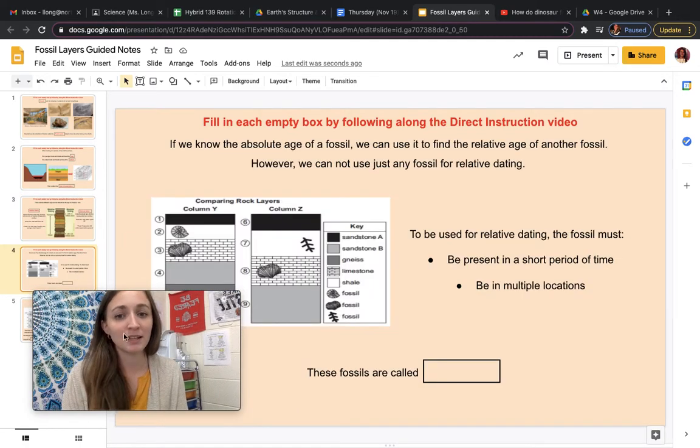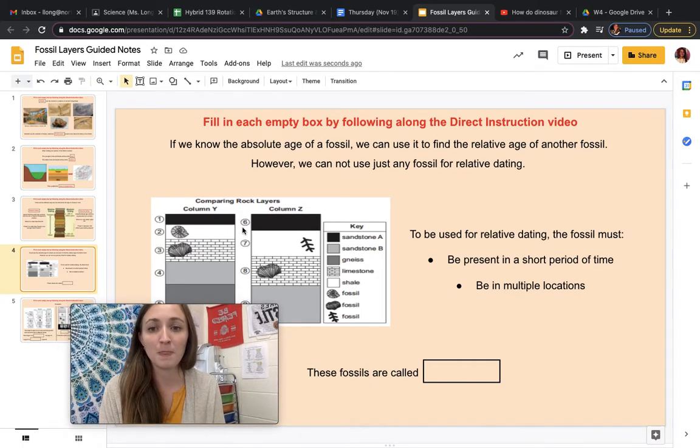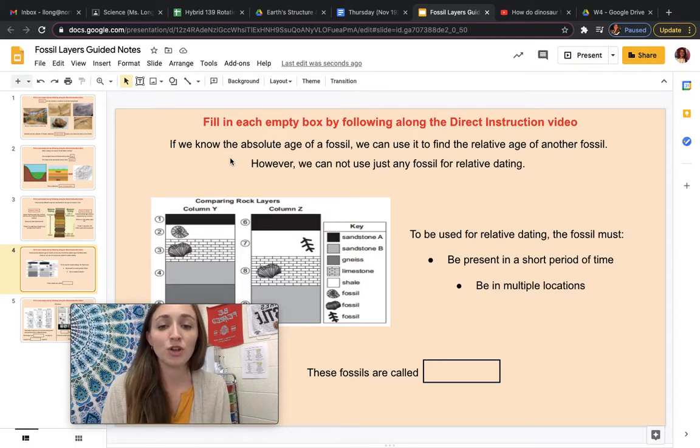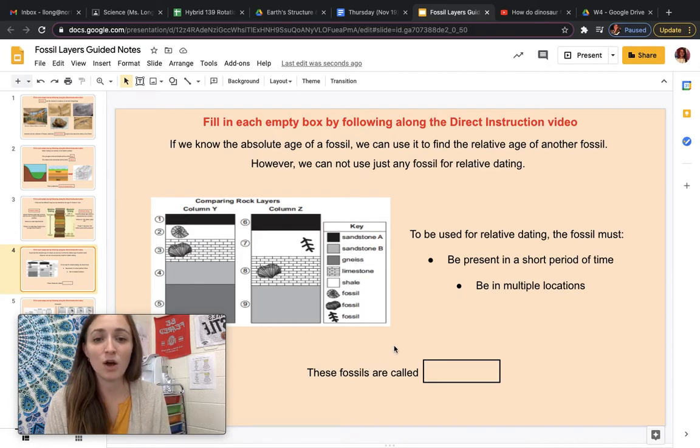Now, this is the trickiest part, so we're going to get a lot of practice with this part. You can't use every single fossil to do relative dating. What do I mean by that? What am I even talking about? There are certain fossils that might be present over many, many time periods, so you can't really use those to compare to other fossils.